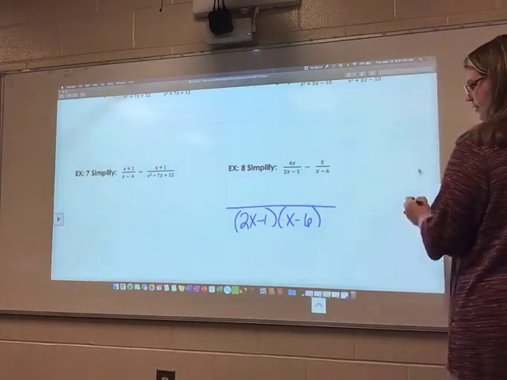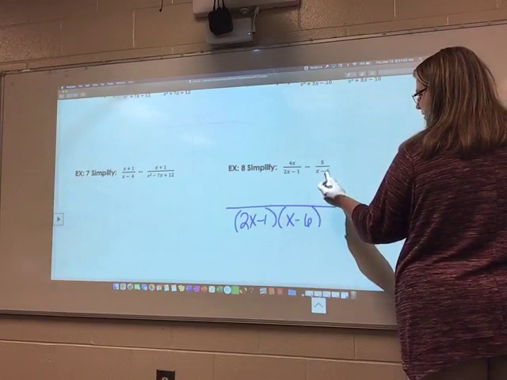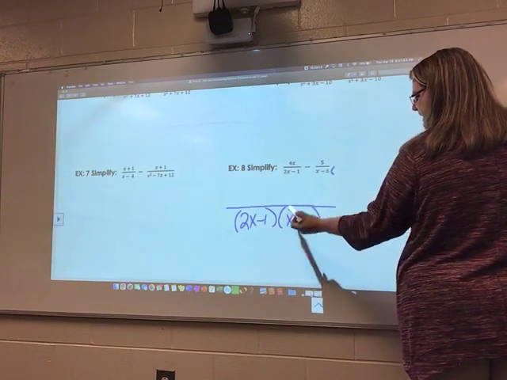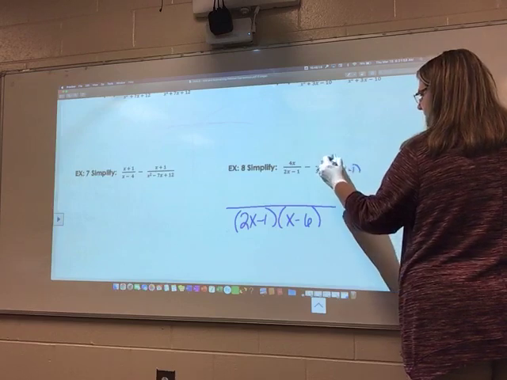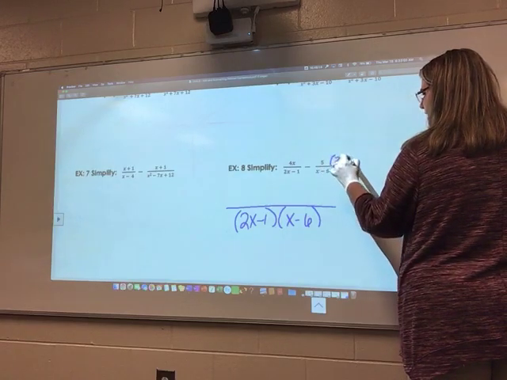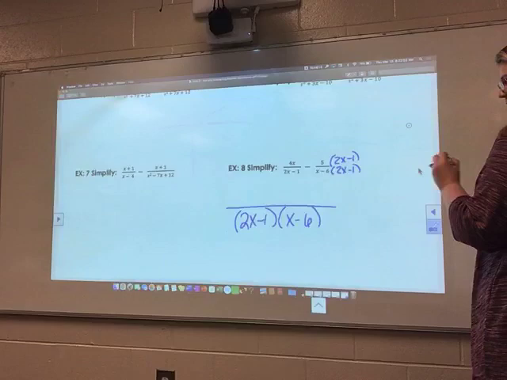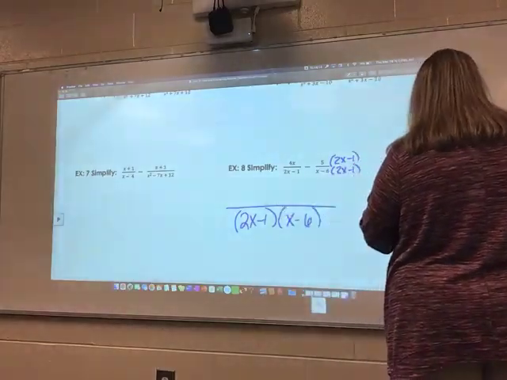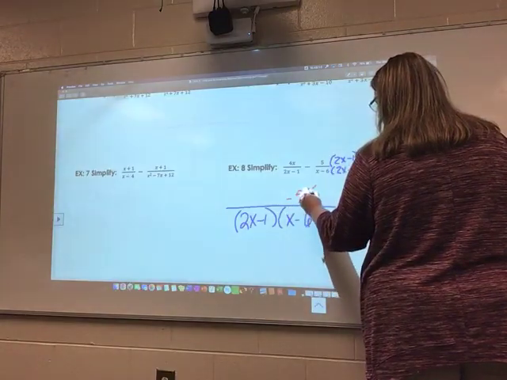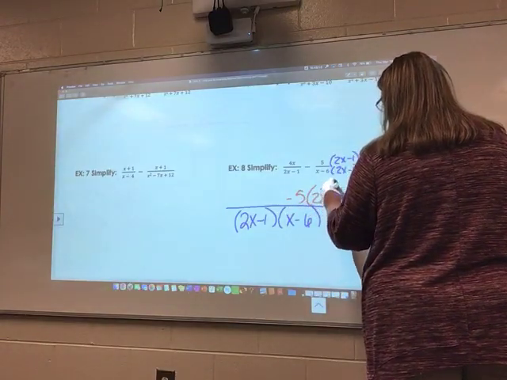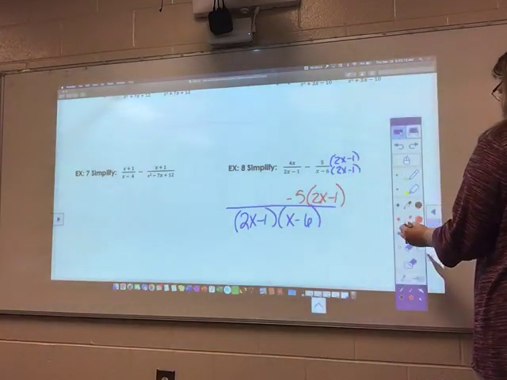All right, now this one here needs 2x minus 1, right? So that means that's what I'm also multiplying the top by. I'm going to rewrite this so you can see. So minus 5, then I have 2x minus 1. So that was in that term.